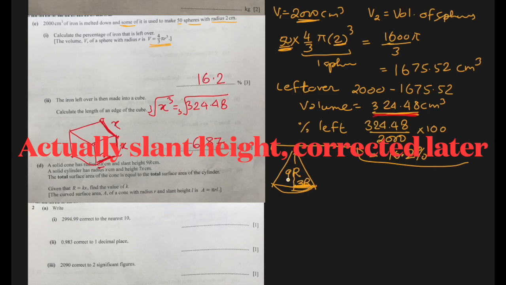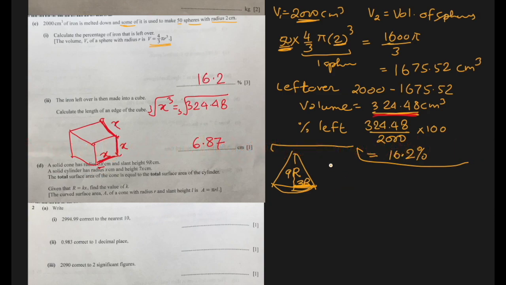A solid cylinder has a radius of x centimeter, and height is 7x centimeters. The total surface area of cone is equal to the total surface area of cylinder. Okay, so surface area of this cone is equal to surface area of this cylinder. Given that r is kx, find the value of k.